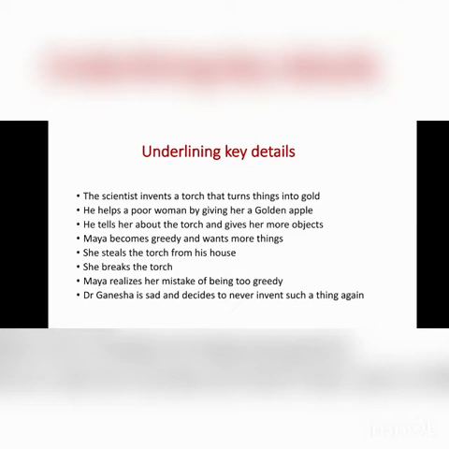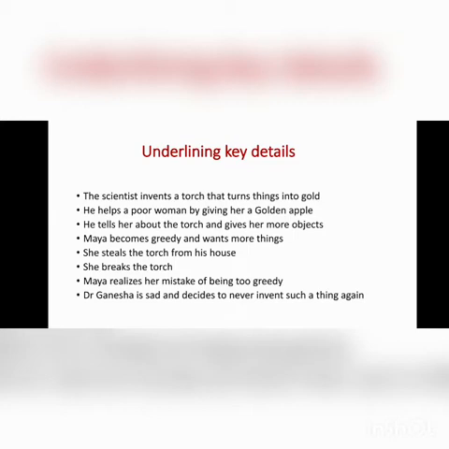Maya slowly starts to become greedy and she wants more things from Dr. Ganesha. Finally, she steals the torch from his house. She breaks it. Then she realizes her mistake of being too greedy. And we find that Dr. Ganesha is sad and decides to never invent such a thing again.